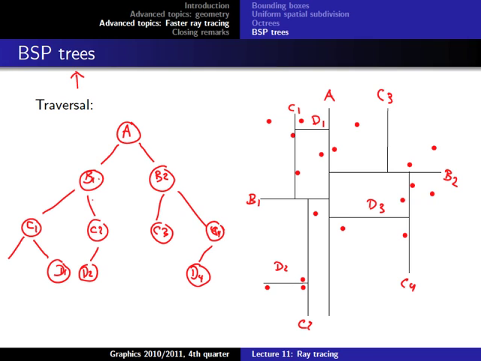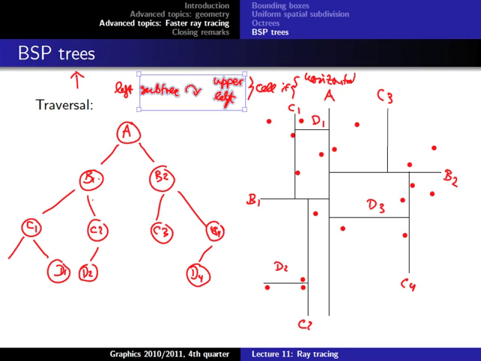And you see here the way I was drawing it, I did this on purpose because we usually say that the left subtree gets the upper or left cell if it is a horizontal or a vertical split.